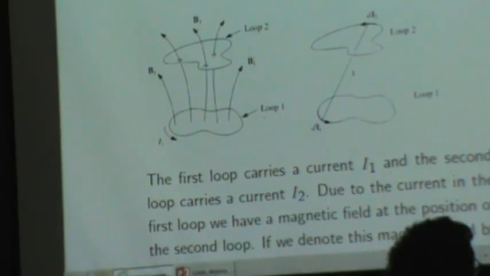Well, before we do that, how can we express the magnetic field in terms of the vector potential? If we know, let's say, the vector potential that gives us B1 is A1, then what's going to be the form of this? Curl of A1 dotted dA2, right?